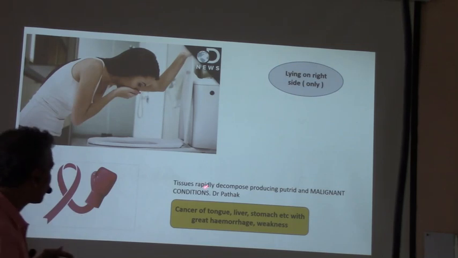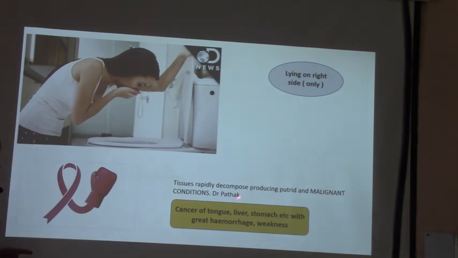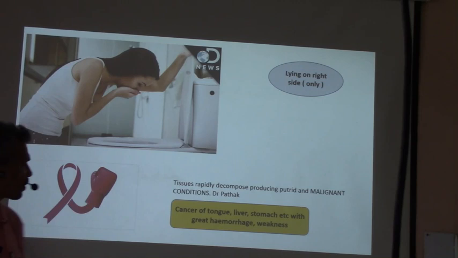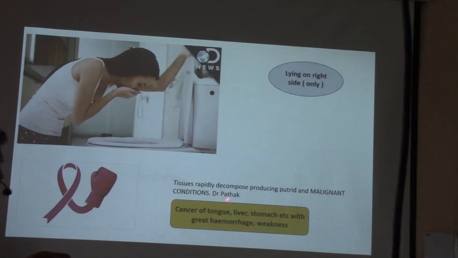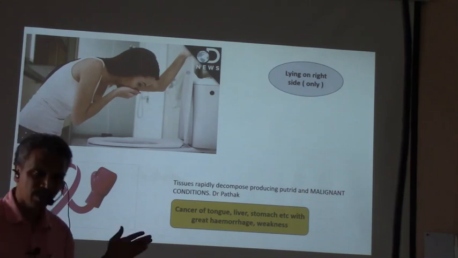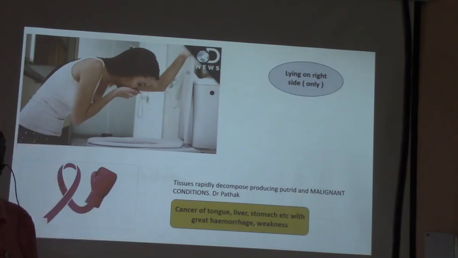So if you look a little more in detail, I have taken this from one of the very good authors, Dr. Phatak's Materia Medica, and he says tissues rapidly decompose, producing putrid and malignant conditions. So a very good remedy for malignancy.